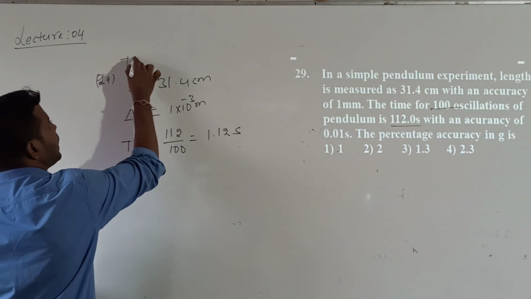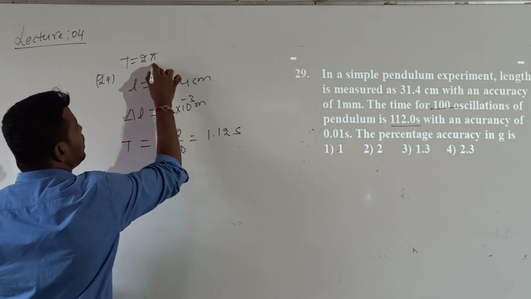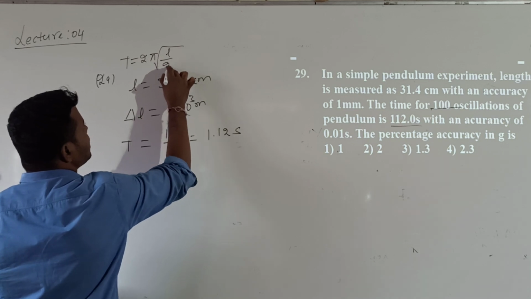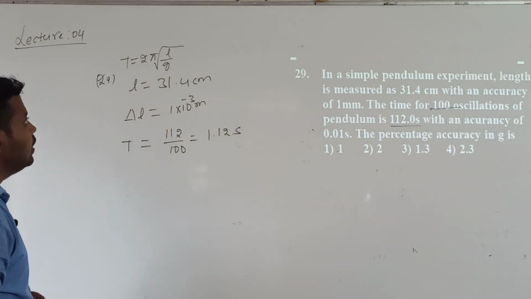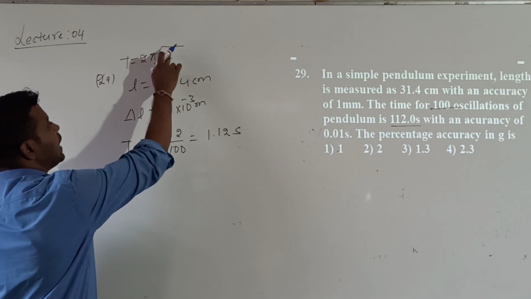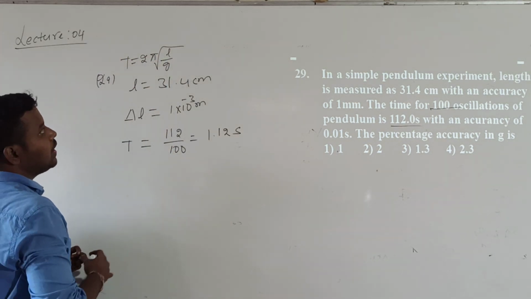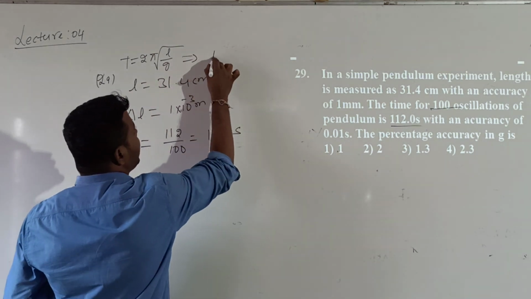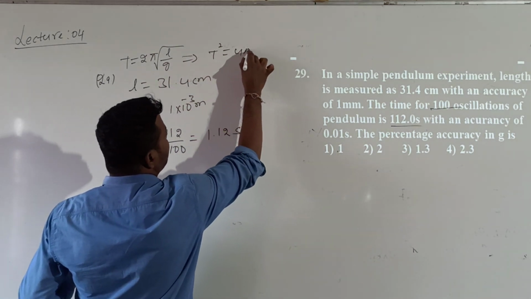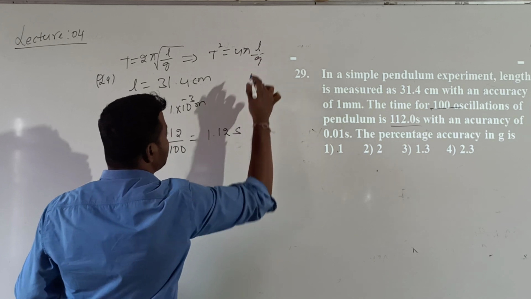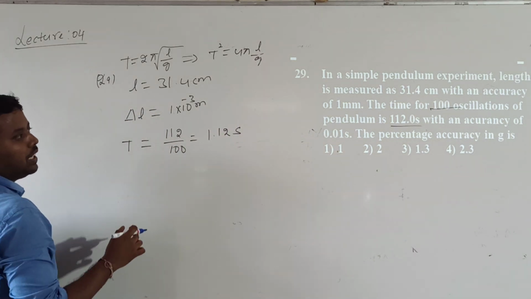What is the simple pendulum time period formula? T is 2 pi into root over L divided by g. Remember, the time period is directly proportional to root L and inversely proportional to root g. Which implies T square is equal to 4 pi square into L by g. Now I have the time period value.